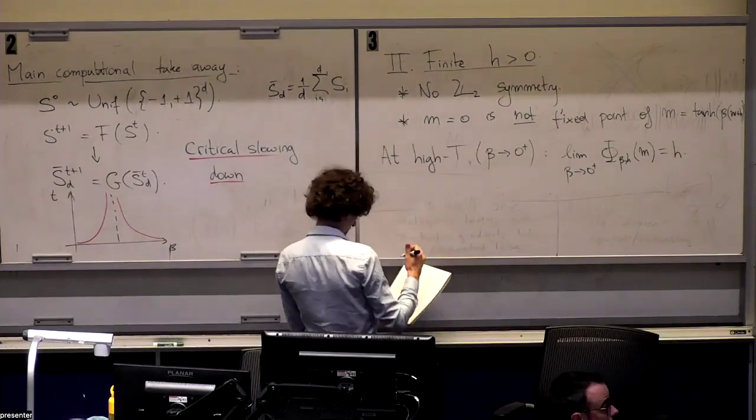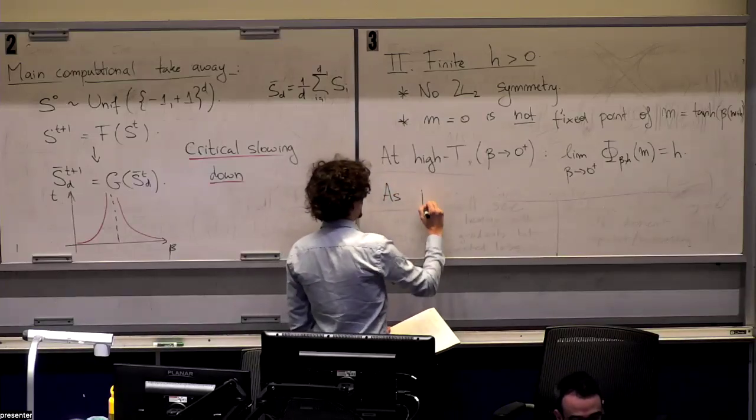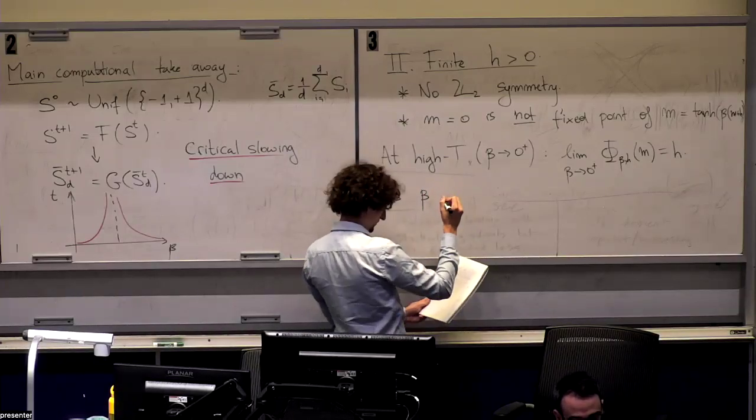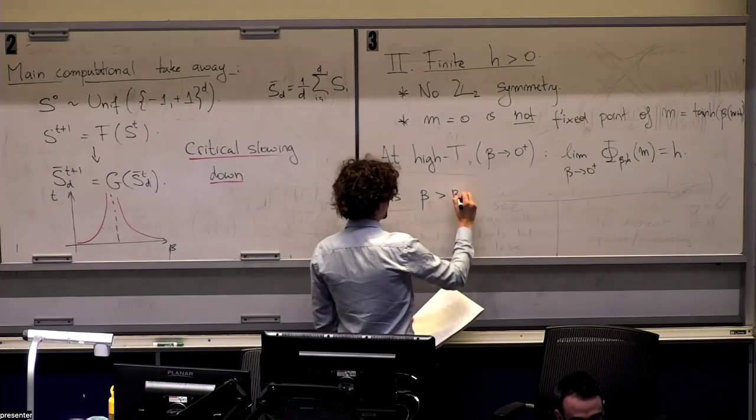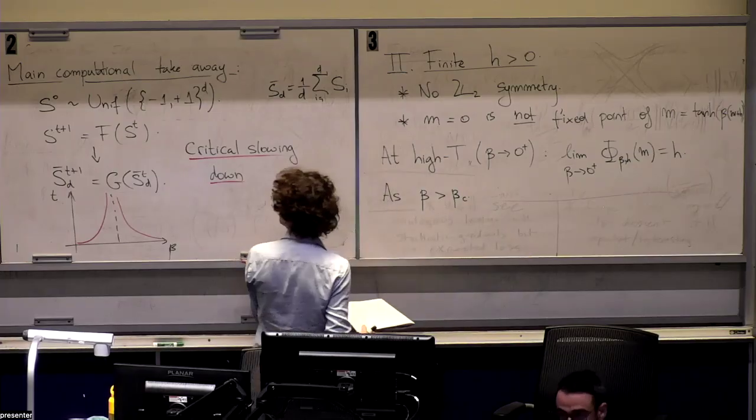And as you lower the temperature, as beta goes above a certain critical temperature, you have two possible behaviors.